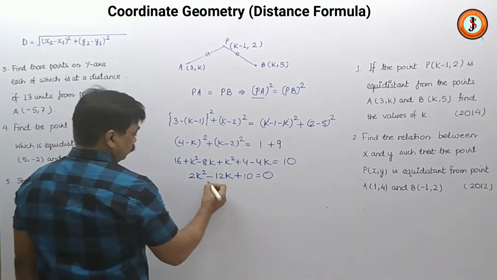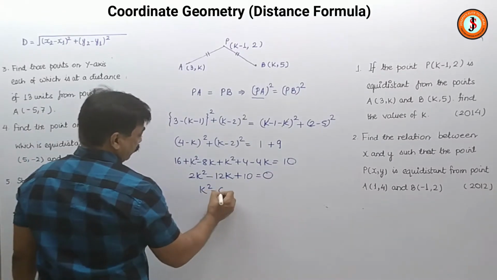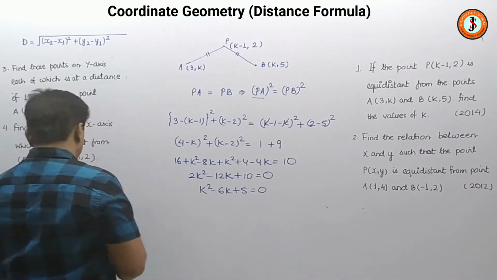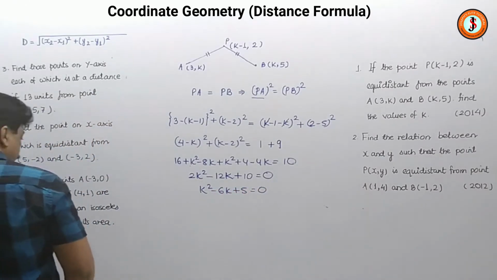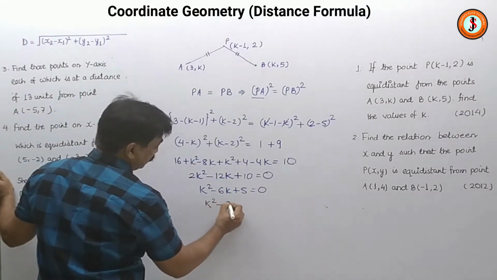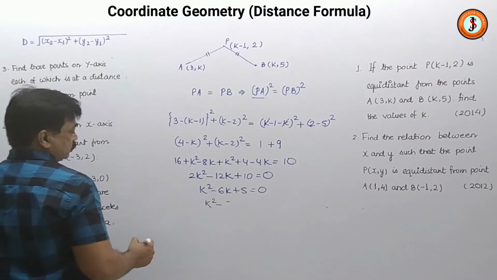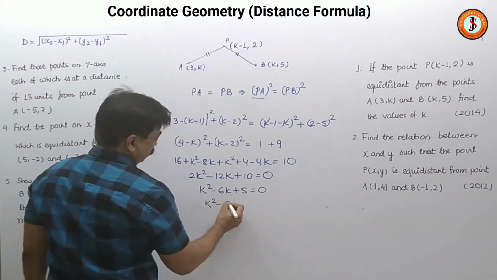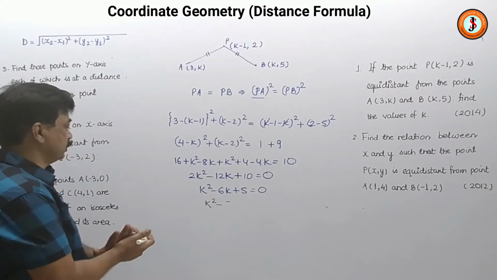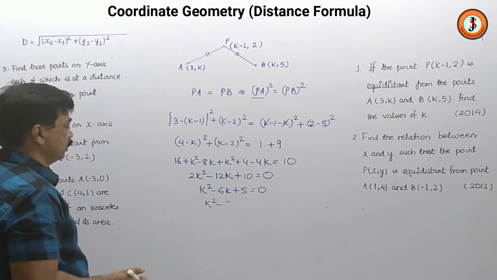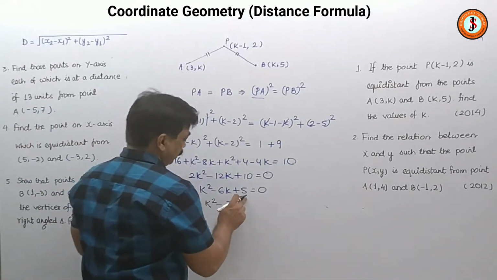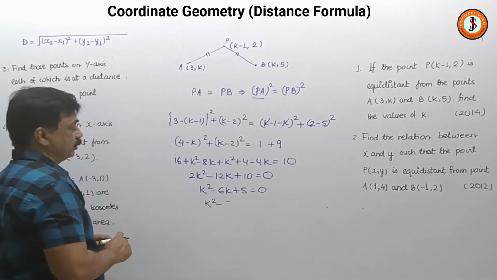I take 2 common, so this will be k square minus 6k plus 5 is equal to 0. Now I have to break this up. If I multiply, I should get 5, and if I add, I have to get 6.